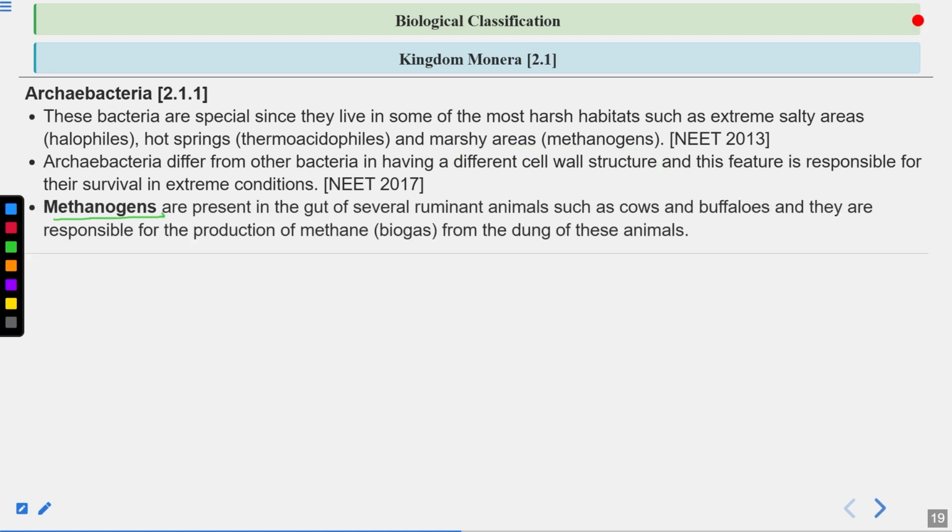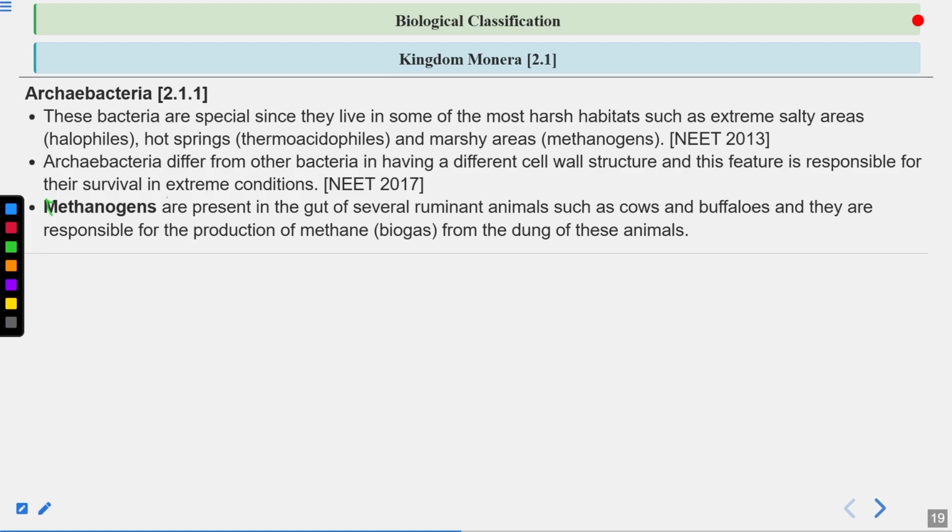Now methanogens have the ability to produce methane. They are present in the gut of ruminant animals such as cows and buffaloes. They are also present in the gut of humans, so they are an important part of the human flora. The human gut also consists of bacteria, and some of them are beneficial.